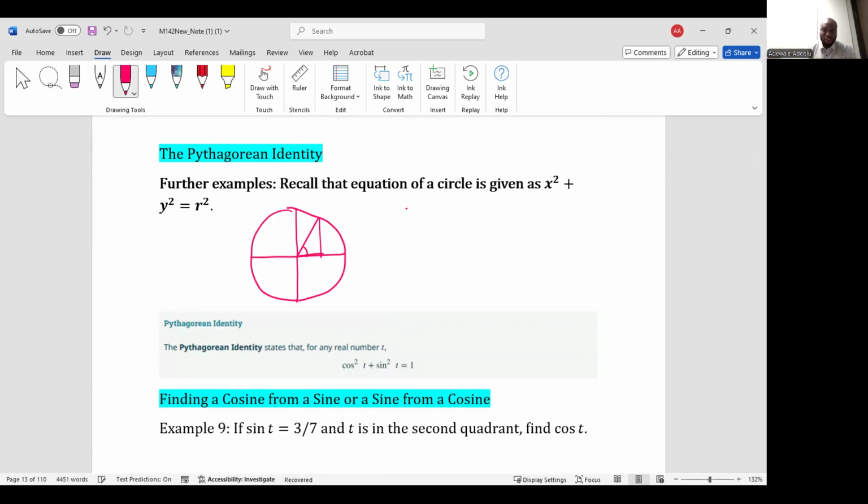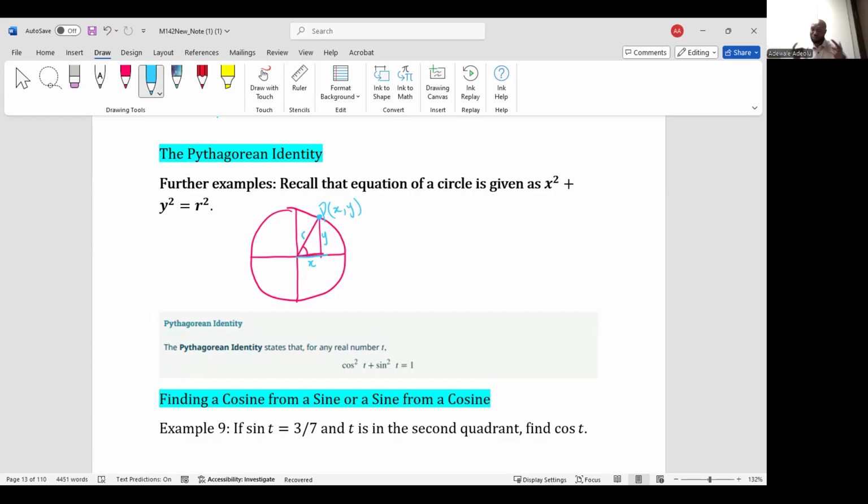I call this point P with coordinates x, comma, y. Now, my y is this, and from here to here is my x. Here is the radius.